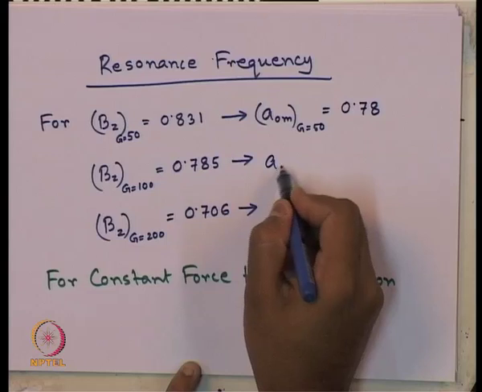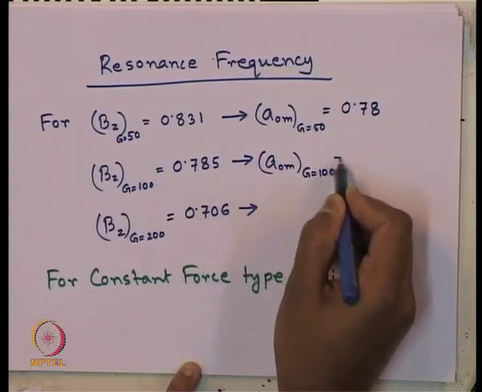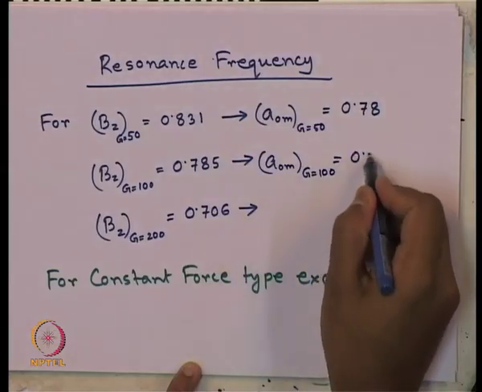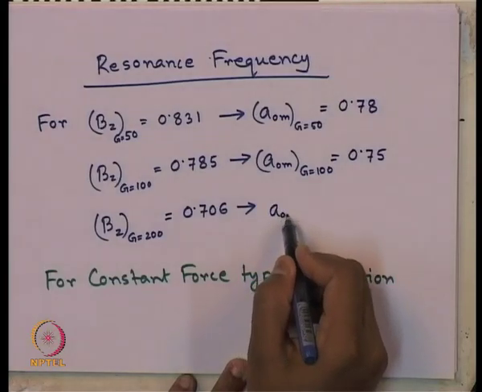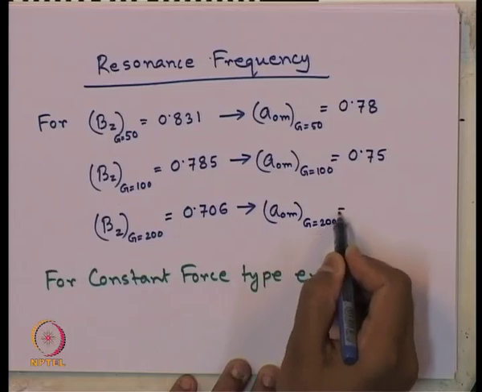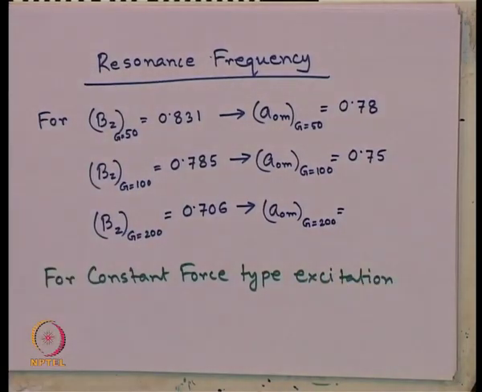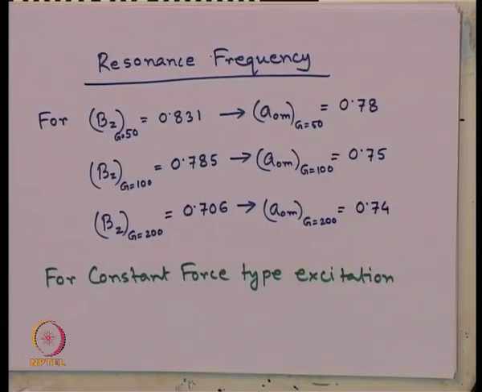For the second one, A naught m with G equals to 100, I read the value as 0.75, and A naught m with G equals to 200, I read the value as 0.74. Now, these are the values of A naught m, from which we are supposed to calculate the frequency in RPM unit.